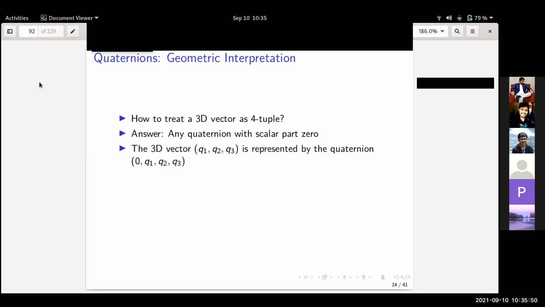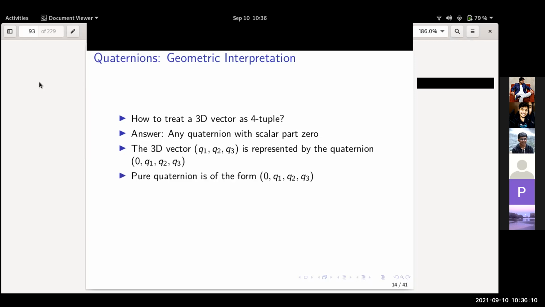So we will denote the 3D vector we imagine in our mind as (0, Q1, Q2, Q3) as a quaternion. If you have a normal three-dimensional vector, you are embedding it into a four-dimensional space.